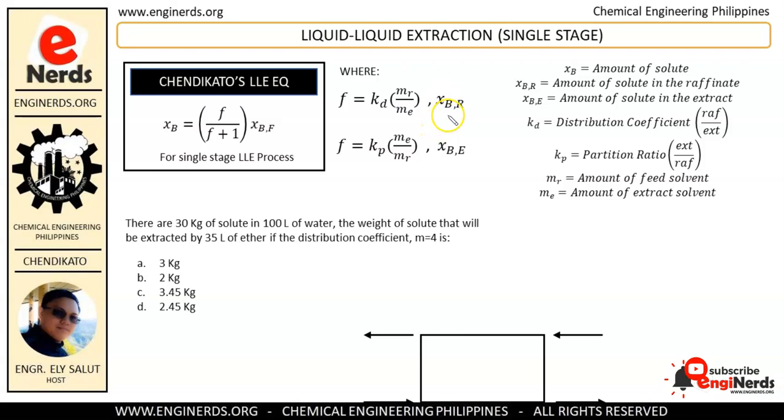At kapag yan ang ginamit natin, ang makukuha nating value ng X dito is yung value ng solute na nasa raffinate. At kapag ginamit naman natin yung partition ratio na nasa ating handbook, our F will be equal to the partition ratio multiplied to the amount of the extract solvent over the amount of the feed solvent. At kapag yan ang ginamit natin, our X here will be equal to the amount of solute sa ating extract.